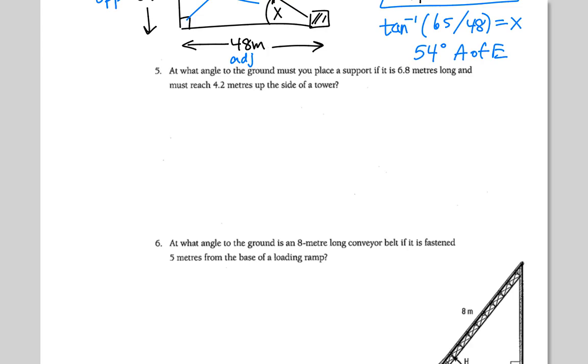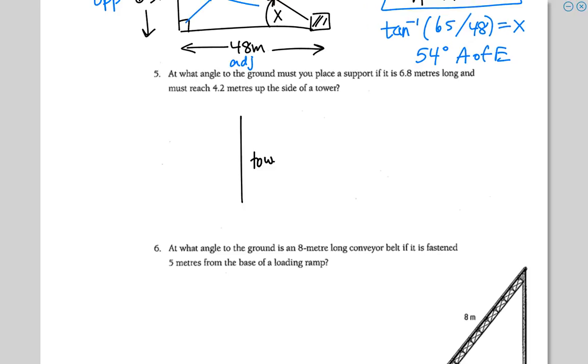Okay, next one says, at what angle to the ground must you place a support if it is 6.8 meters long and must reach 4.2 meters up the side of a tower? Okay, so we got the side of a tower here, and they're putting a support next to it.